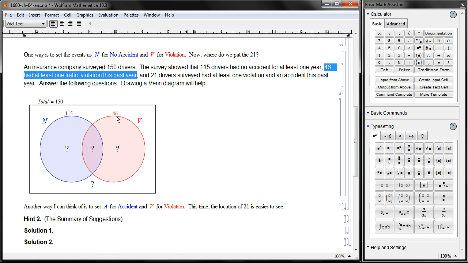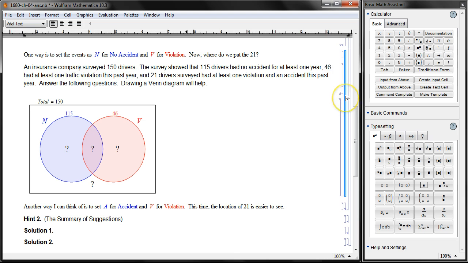So we have this blue number and red number corresponding to blue circle N and red circle V. The question is, where do we put 21? 21 drivers surveyed had at least one violation and accident. We have these 4 question marked regions. One of them will be 21, and from that you have to find out the others by appropriate addition or subtraction. Any idea?